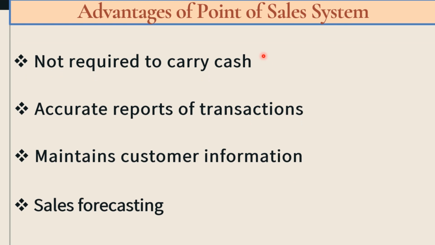The next advantage is accurate reports of transactions. The point of sale device prepares very accurate reports for the transactions performed. It accurately points out the records. Very accurately the device calculates the bills.